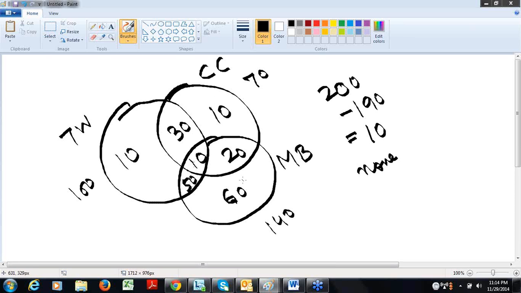Similarly, for credit card and mobile phone, this is 30, so we'll put this as 20 because 10 has all of them. Now A union B union C will be equal to 10 plus 30 plus 10 plus 20 plus 10 plus 50 plus 60, which is 190, and 200 is the total number. So 200 minus 190 is 10. 10 will have none of them.